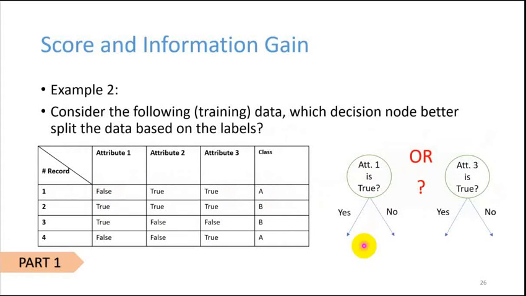Here is another example. This would be our data, and these would be our options or the decision nodes that we have, and we want to choose the best one among these two. So we need to first classify the records with these two decision nodes.